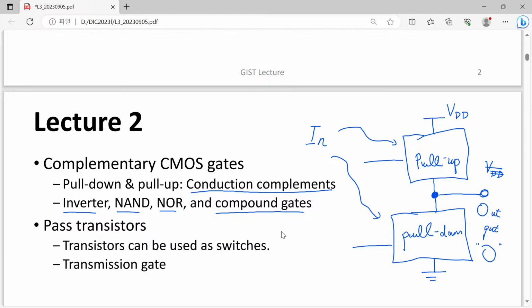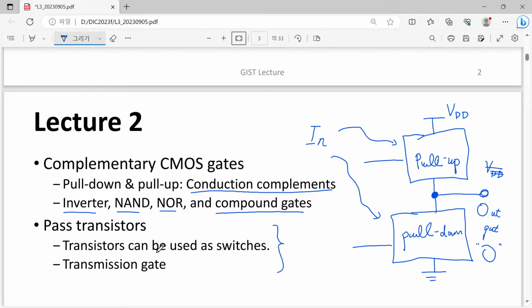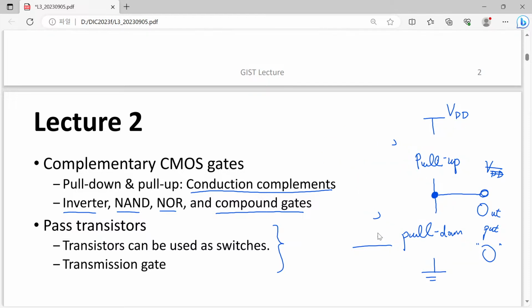The last part of our previous lecture was devoted to the pass gate. Let me review our discussion once again. Transistors can be used as switches.